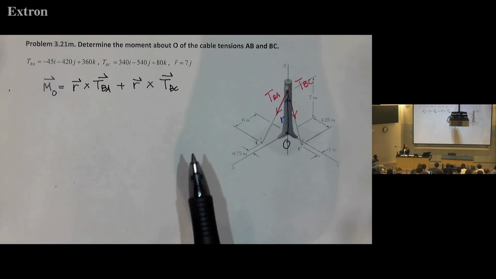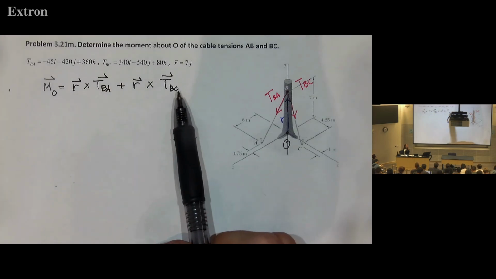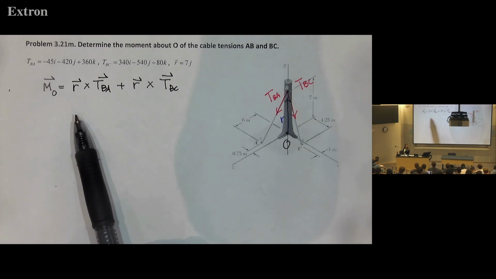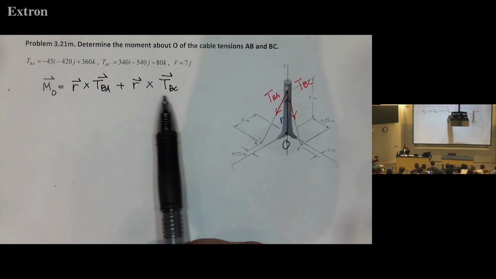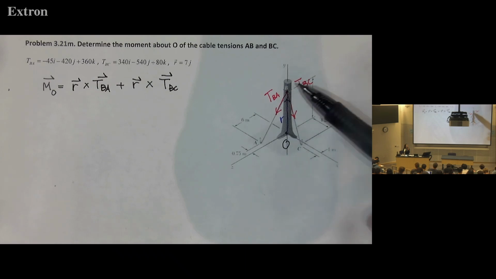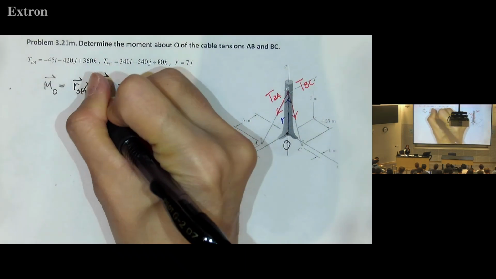So that's what I can write. There are two forces, and the moment from each force is R cross F, and we sum them up. R is this vector, so I'll add OB here as a subscript.